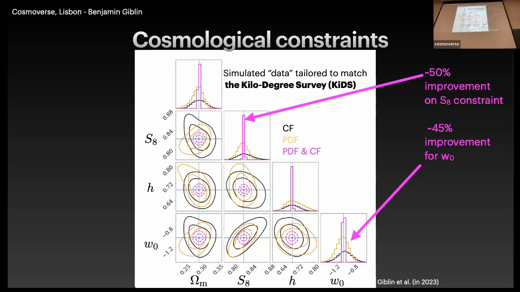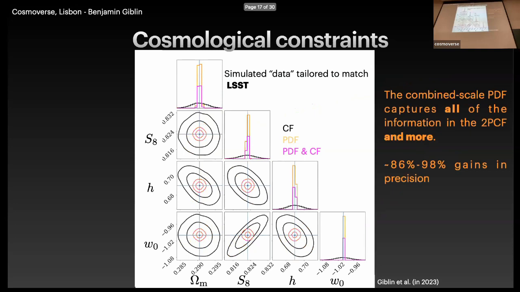If instead we simulated a future survey, like the one that is going to be conducted by LSST, it's a different story. So here we've got the correlation function constraints again in black, the PDF in orange, and the combination in dashed pink. What we're seeing is the PDF constrains these parameters much more tightly than the correlation function, by around 85 to 98%.